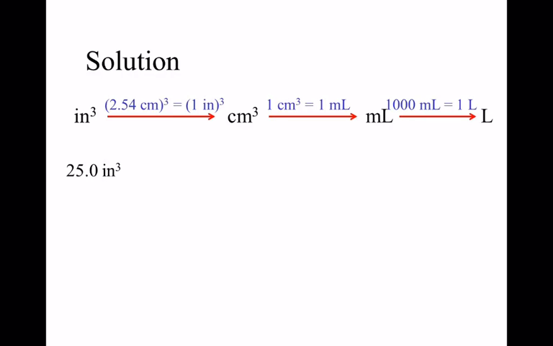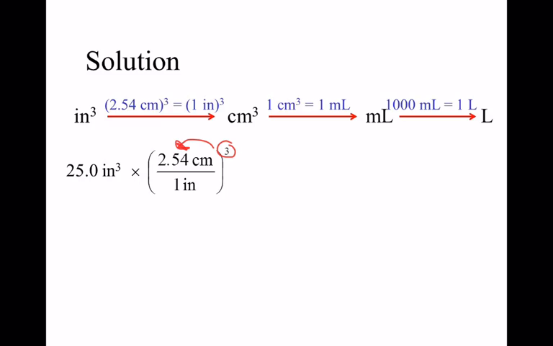So I can either write 2.54 centimeters over 1 inch 3 times, or I can write 2.54 centimeters over 1 inch raised to the 3rd power. Like I said, the pitfall with this approach is you just have to remember that you have to cube your 2.54.